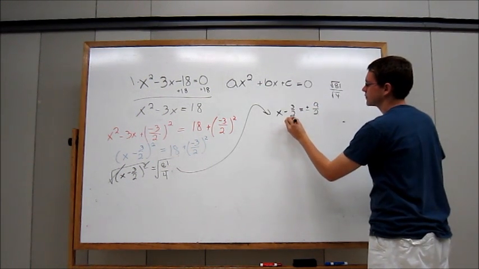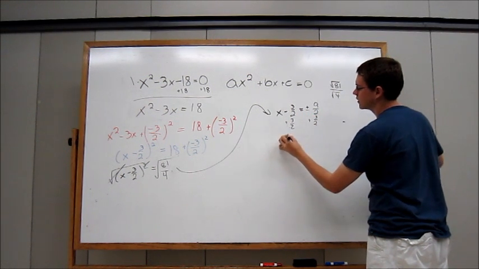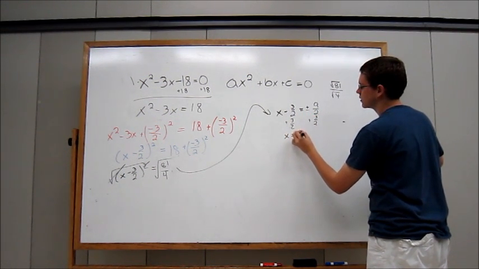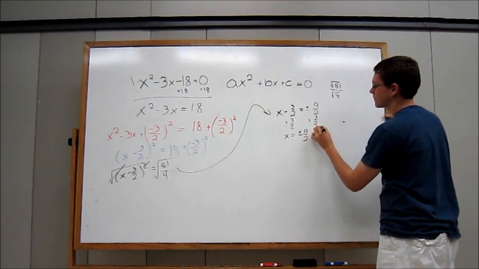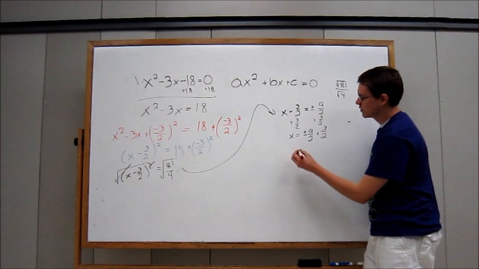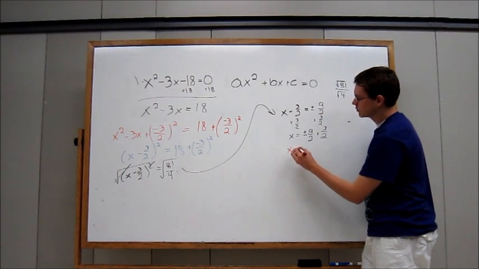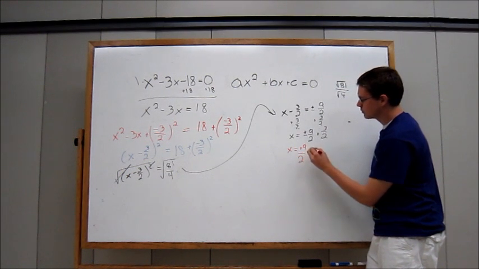Now you add 3/2 to both sides, and you get x equals plus or minus 9/2 plus 3/2. Okay, so now we just solve for x. We have x equals positive 9/2 plus 3/2.